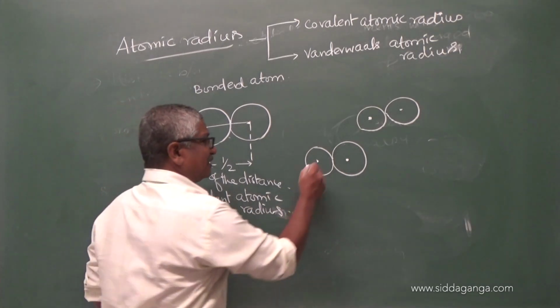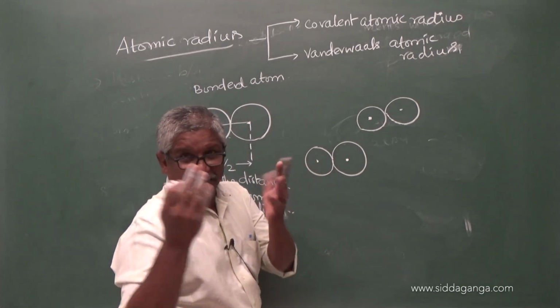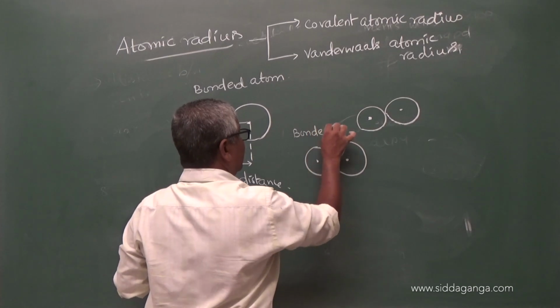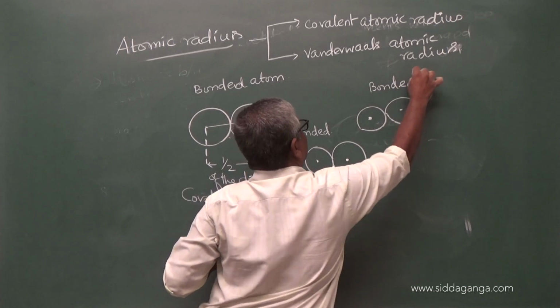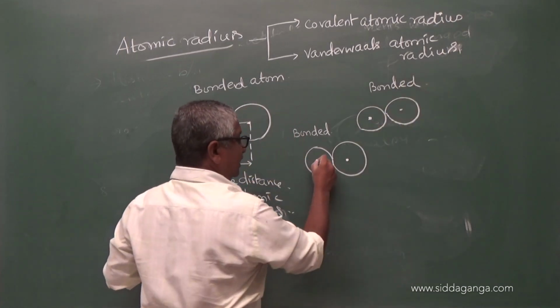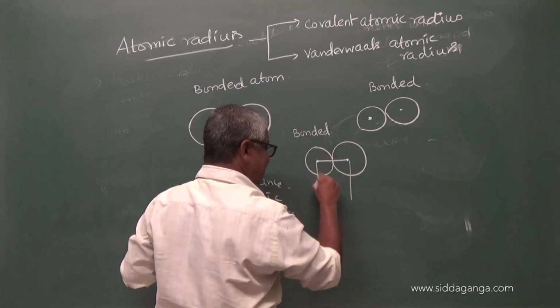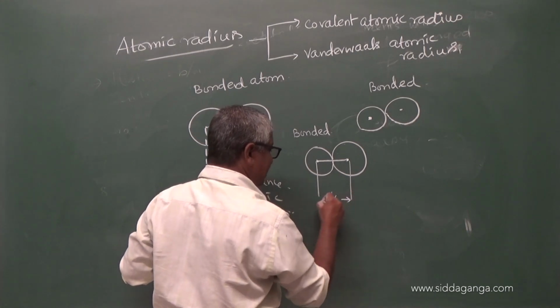Now you see this, here also the centers of both atoms are touching each other, bonded atoms. This is bonded, this is bonded, this is bonded. If we take the distance, find the distance, we have to identify half of the distance.